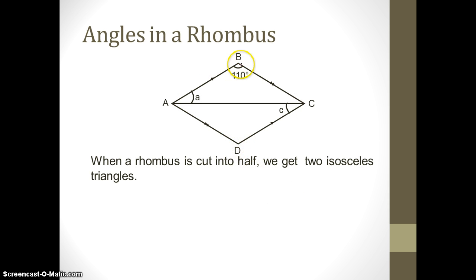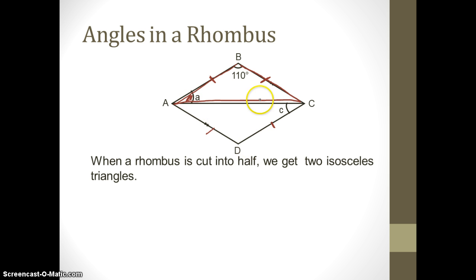When a rhombus is cut in half, we get two isosceles triangles. How do we see that? We know that all the sides are the same. You will be able to see an isosceles triangle here. So how do I find angle A?